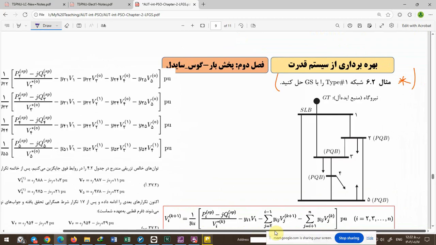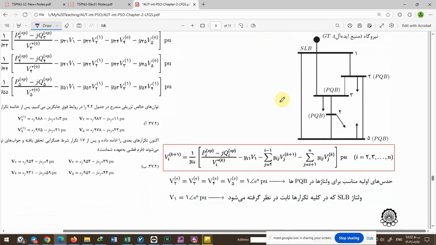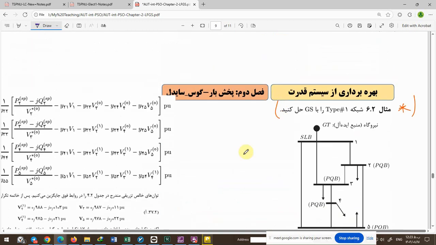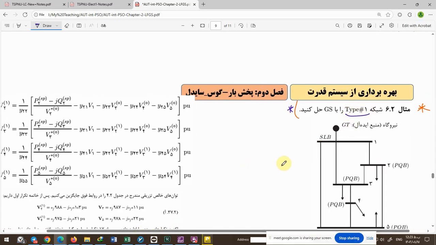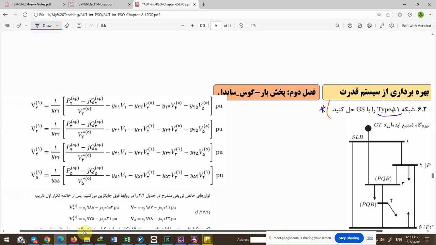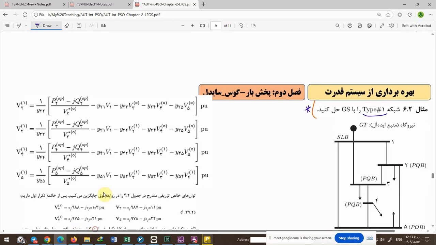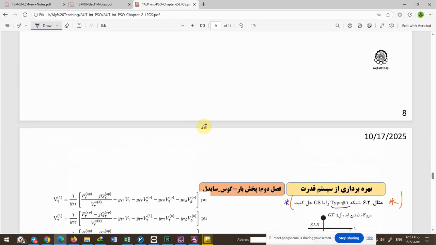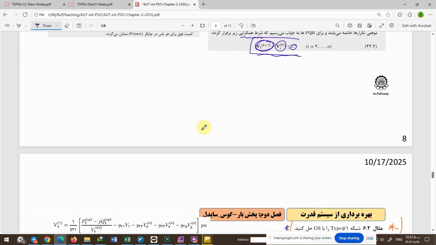I think the other part of solving the problem or addressing the main equation in power system type 1 would be done in the next session, and I think we should finish here, and in the next session we continue.